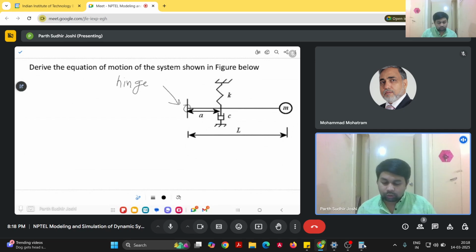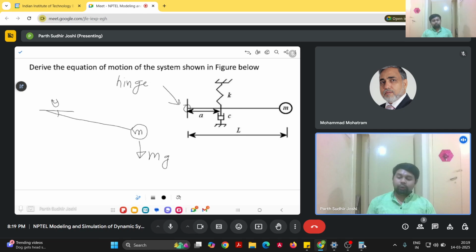Let us assume that the mass is deflected by some angle theta. The force acting on the mass will be the weight.